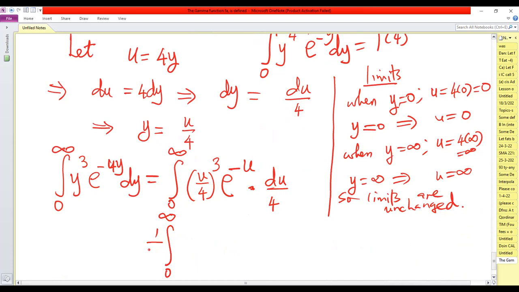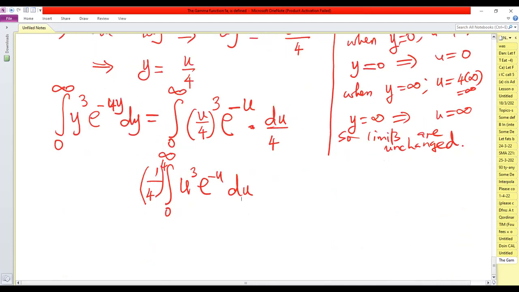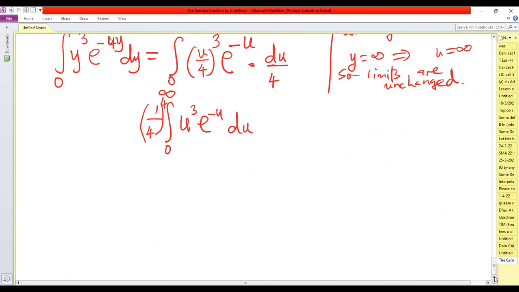So we'll have 1 over 4 power 4, and then u power 3, e raised to power minus u, and then du. 1 over 4, when you raise to power 4, you get 1 over 256, times the integral from 0 to infinity of u raised to power 3, e raised to power negative u, du.